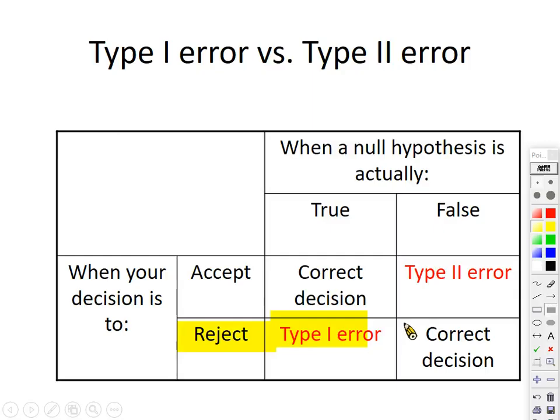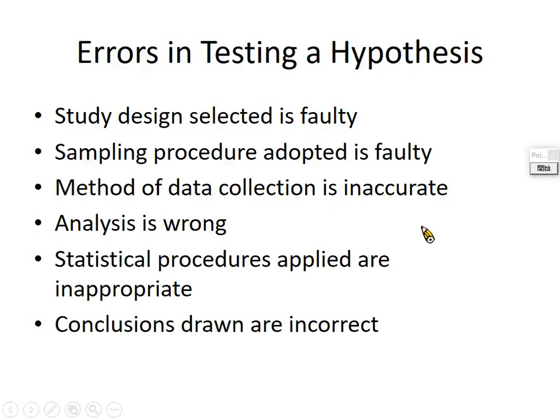When the null hypothesis is really false, but you decide to accept it, you commit type 2 error. So it doesn't matter what kind of decision you make, accept or reject, there is always a possibility of committing some kind of error. So our decision for every data analysis is not final. Be careful with this.